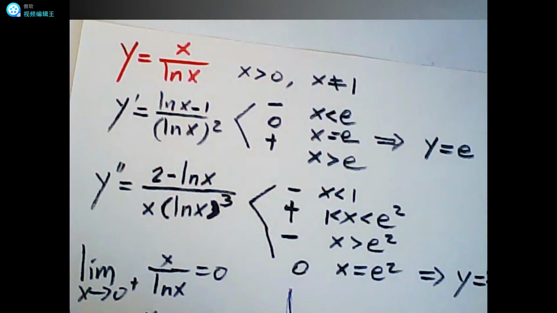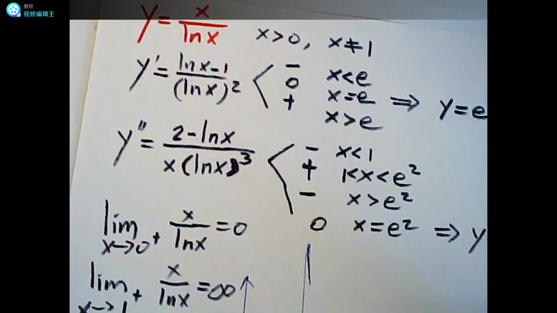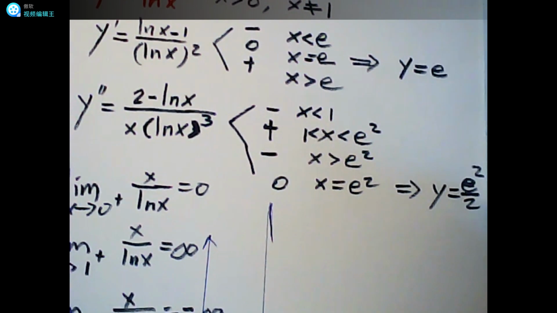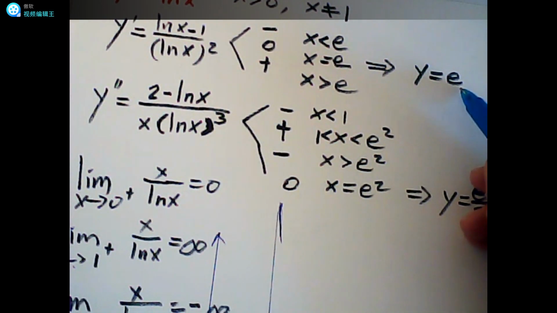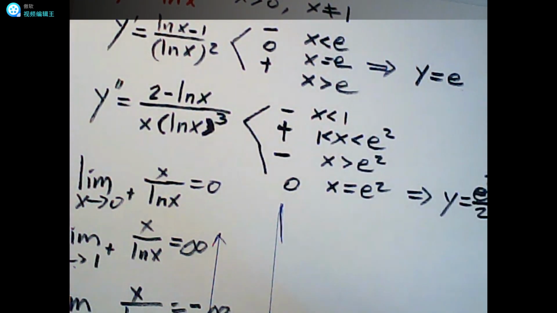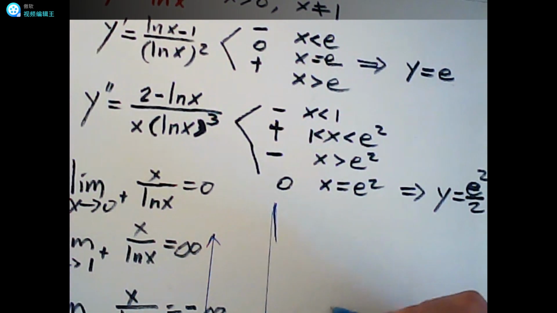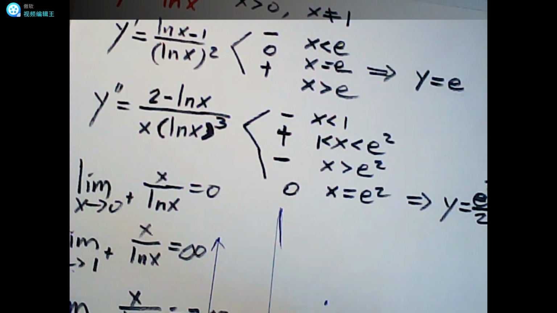Then joining this information, and also considering the special point x equal to e, y equal to e. This is the one, right? This is e, yeah. This is e, y equals e.